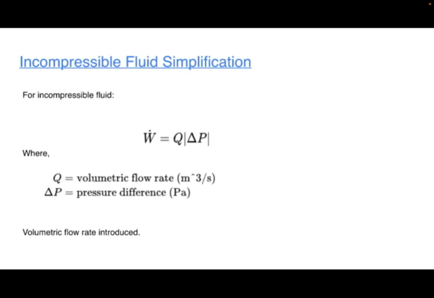For incompressible fluid simplification, we write work rate equals Q times delta P. Here Q is the volumetric flow rate.